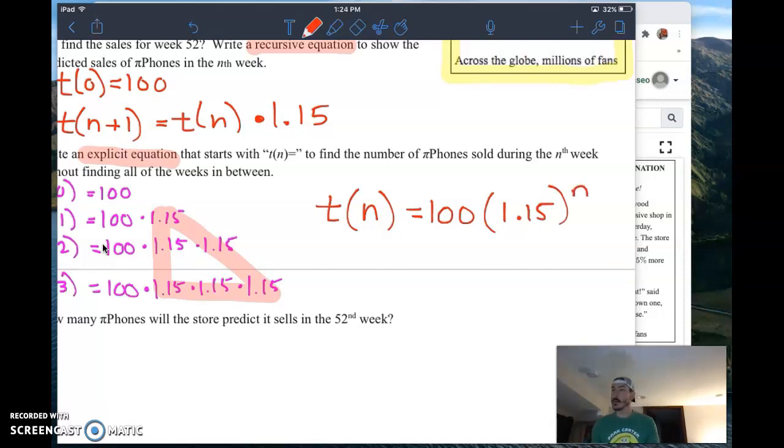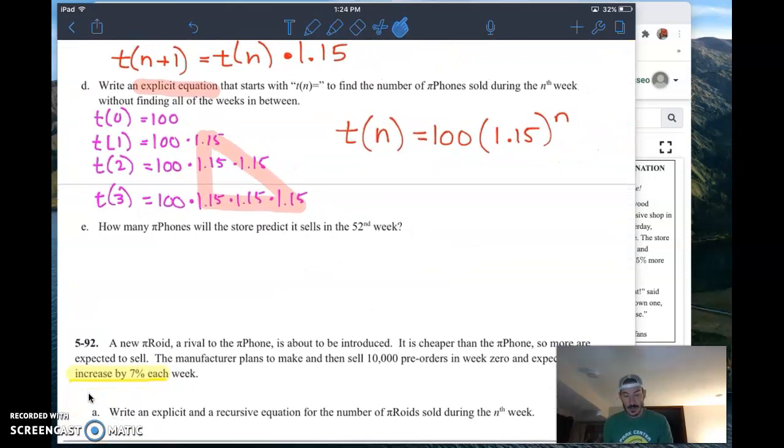And this is going to work out pretty nice and pretty clean for our rule. Now, check out how easy we can do part E then. Part E says, all right, now go ahead and find how many Pi phones the store predicts it's going to sell in the 52nd week. Well, no big deal anymore now that I got that explicit rule.